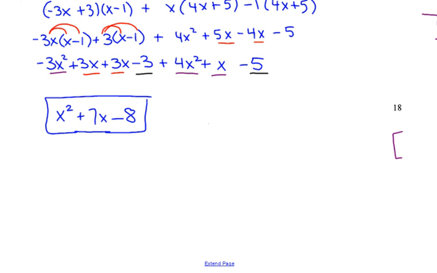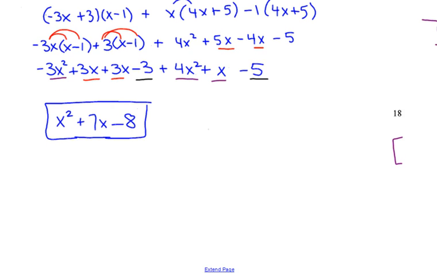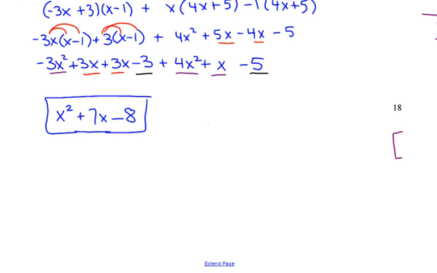And when we multiplied here, we had a 4x squared, 5x minus 4x minus 5. So the negative 3 and the negative 5 make a minus 8. The x squared, it's negative 3 plus 4 is a 1. And 3 plus 3 plus 1 gives us a 7. Okay?